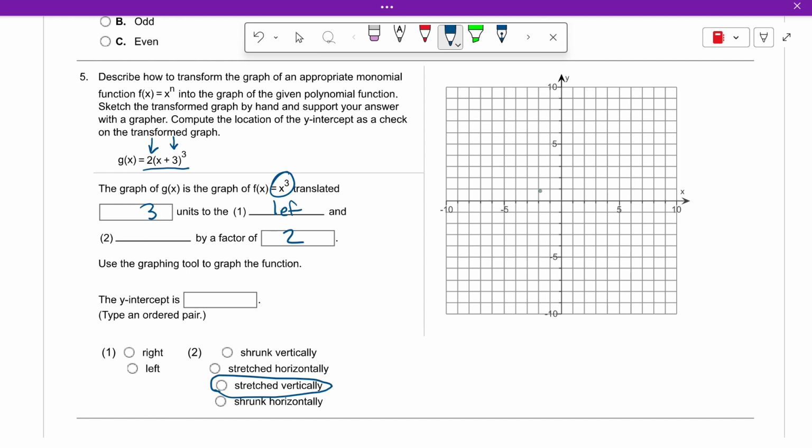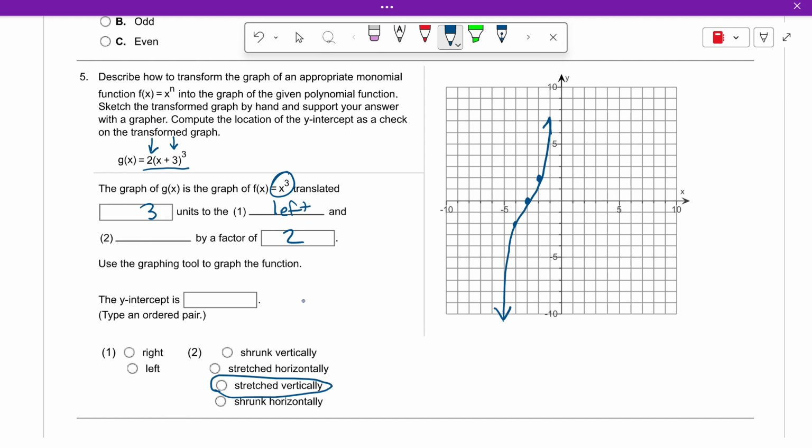So we go 3 to the left, 1, 2, 3 to the left from the normal graph. Okay. And normally we'd go over 1 up 1, but since it has a multiplier of 2, we go over 1 up 2. So it's going to look like this.